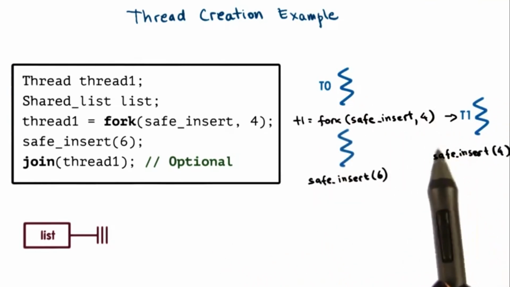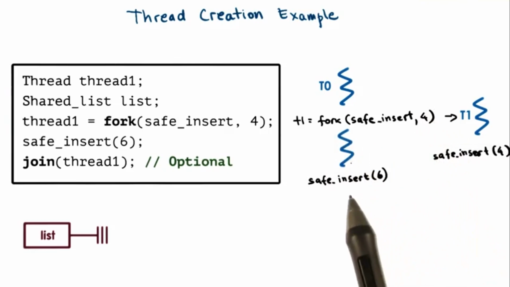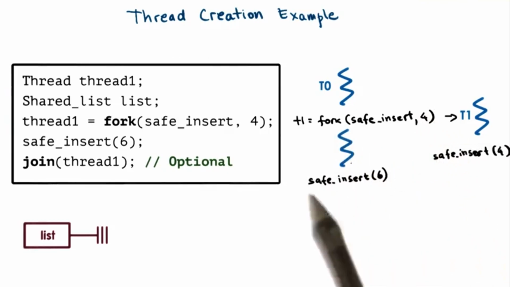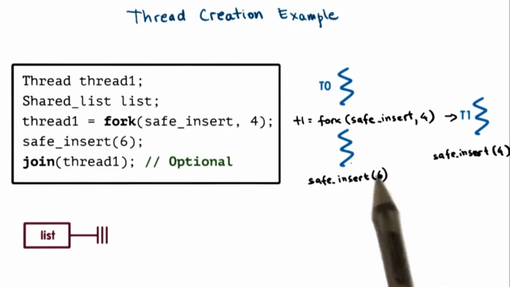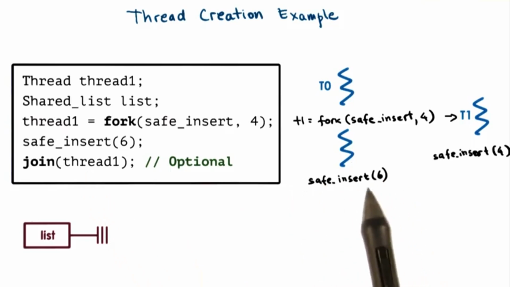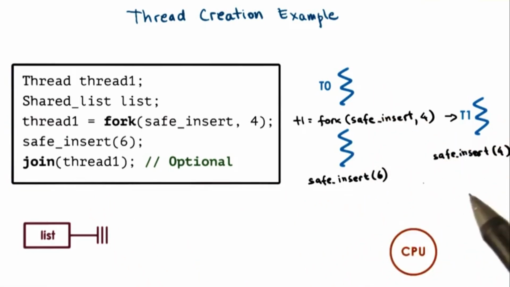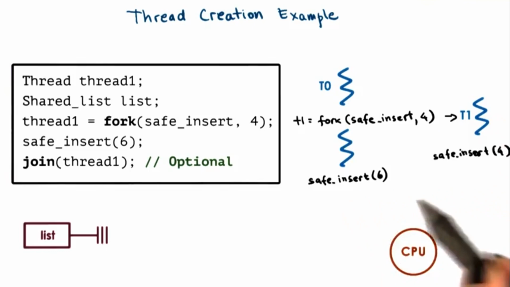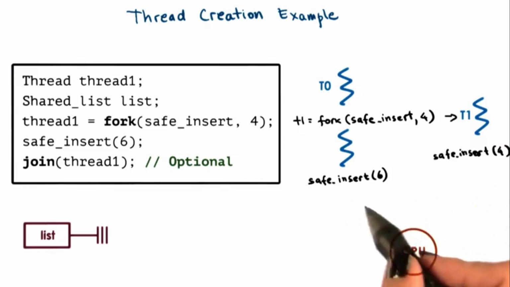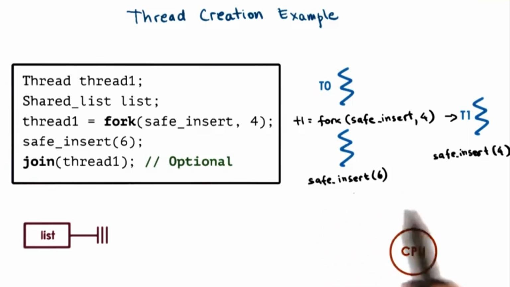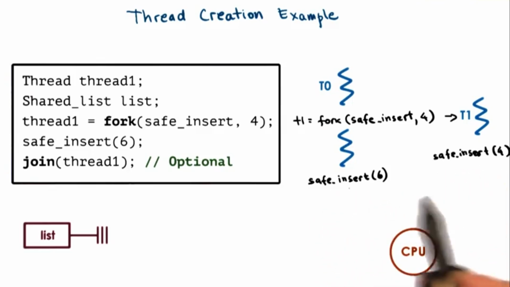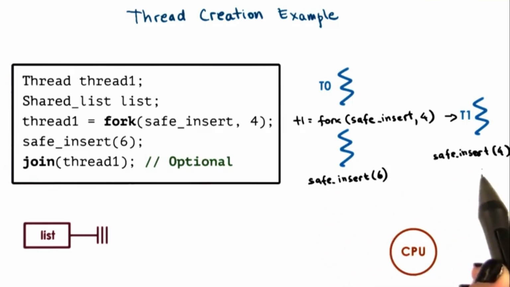As soon as T1 is created, the parent thread continues its execution, and at some point, it will reach a point where it calls safe insert of 6 in this case. So it's trying to insert the element 6 into the list. Because these threads are running concurrently and are constantly being switched when executing on the CPU, the order in which these safe insert operations on the parent and the child thread are performed is not clear.